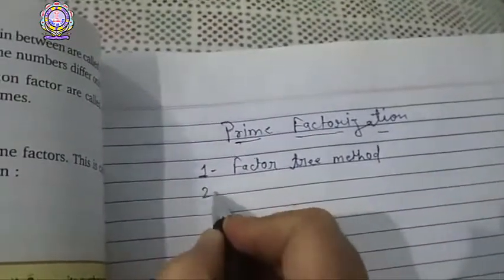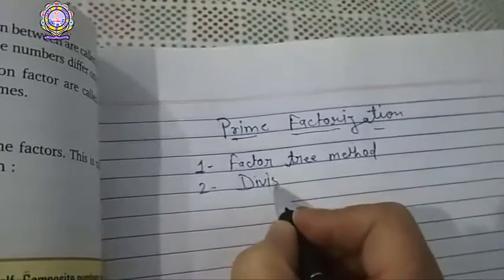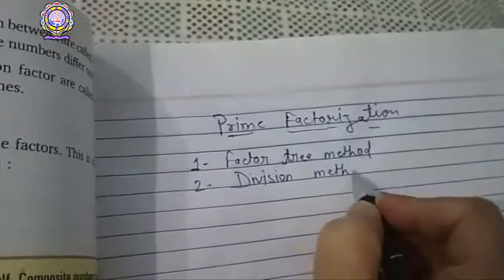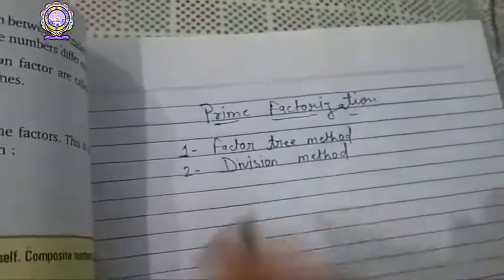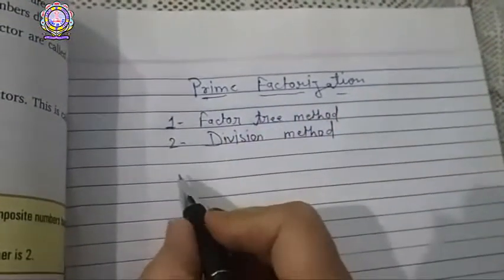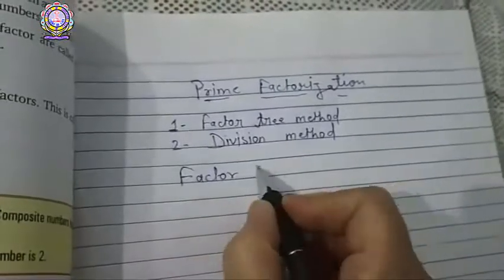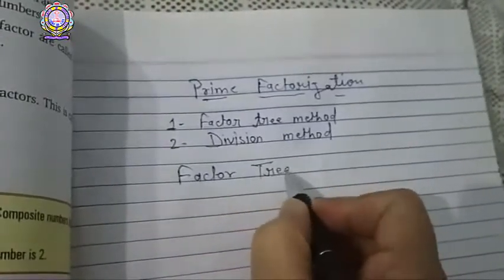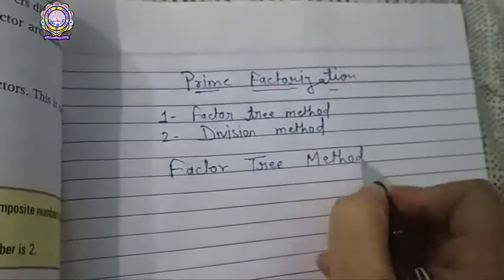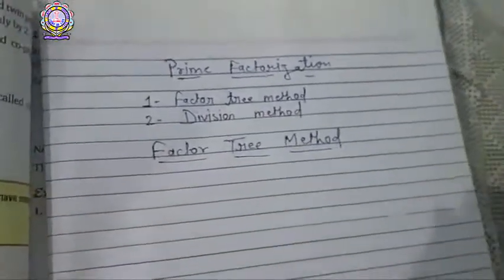And the second method is division method. Let's see factor tree method.